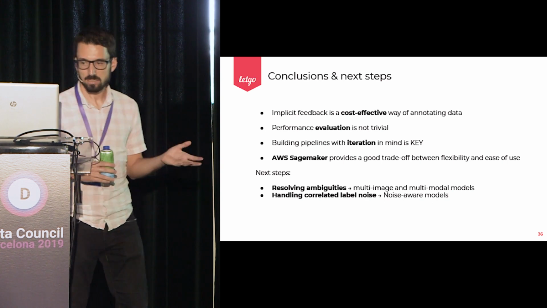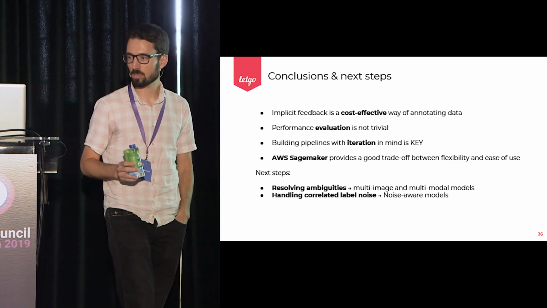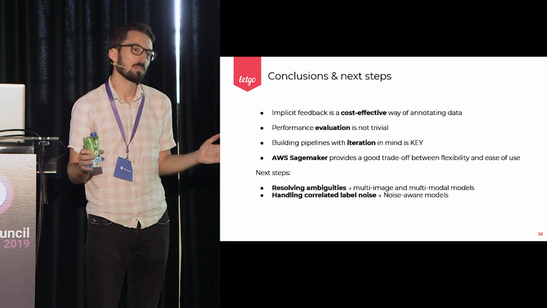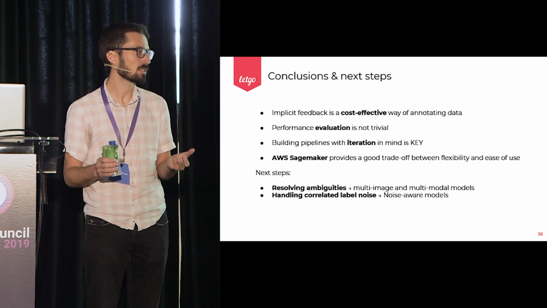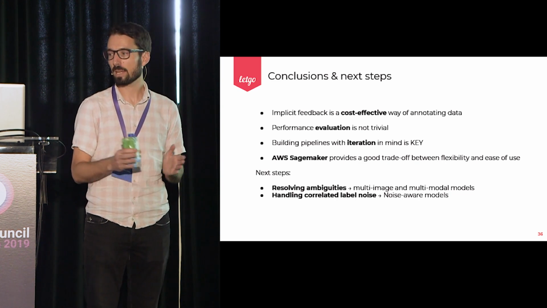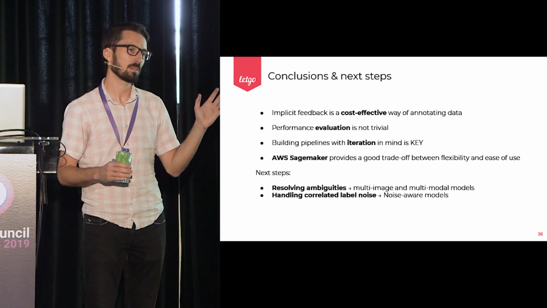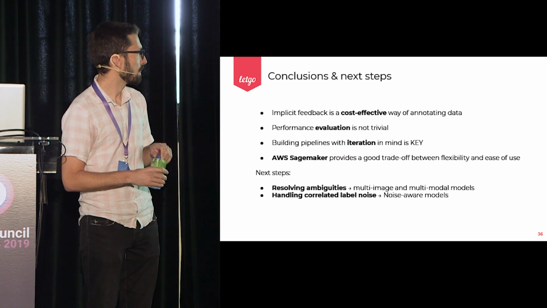Now, as next steps, we are already working to fix some of the problems, and we have some results. In order to resolve some of the ambiguities, when you have such a deep taxonomy, there are things that are very hard to distinguish. And obviously, using all images as opposed to just one, and using text, helps quite a lot. So we're seeing accuracy gains of 10 points, which is quite significant.